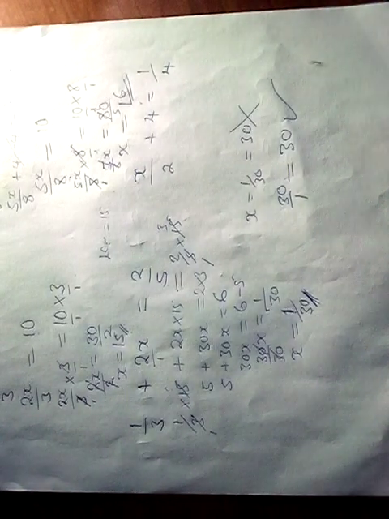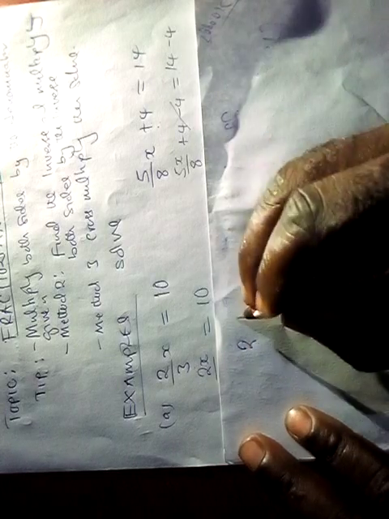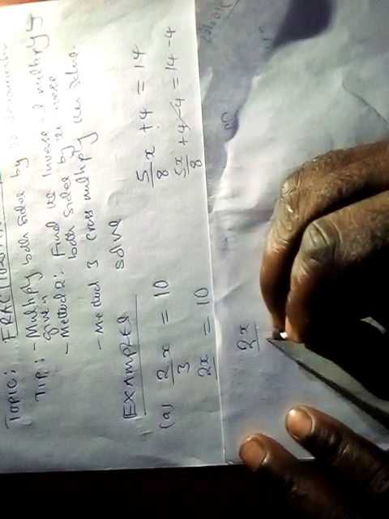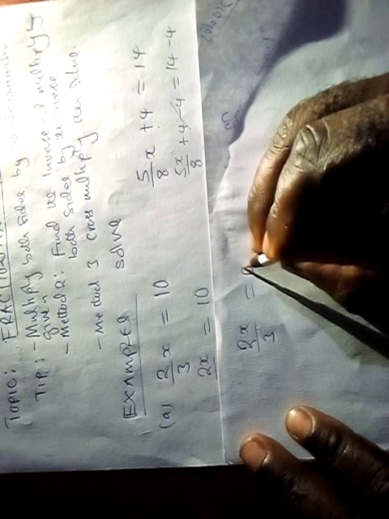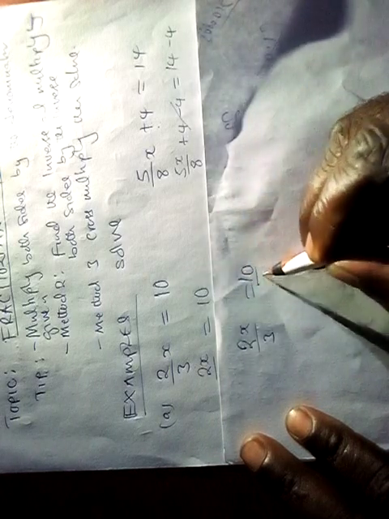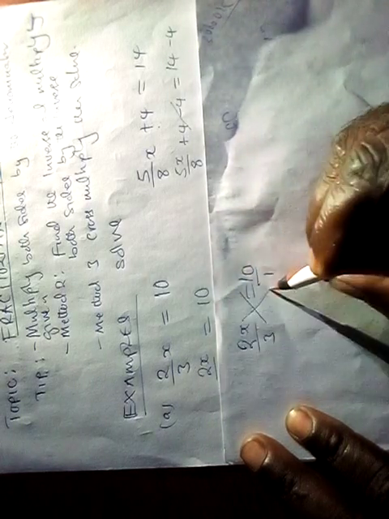So I'll show you briefly the other methods that I was talking about, where I said you can cross multiply. Method 2, you cross multiply. So this is 2x over 3 is equal to 10. Here you put 1, then you cross multiply.